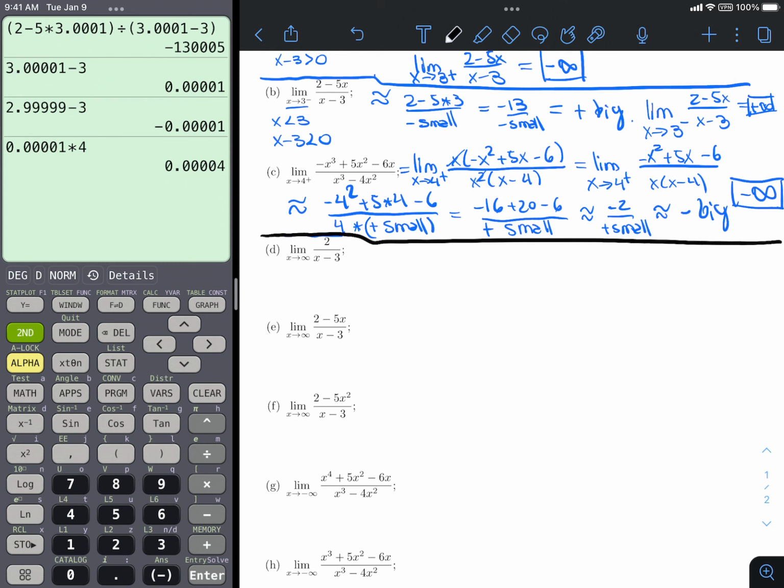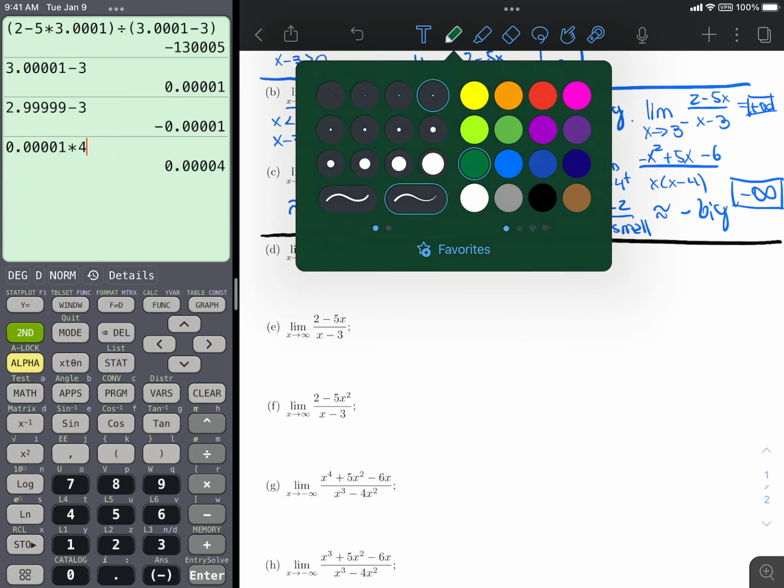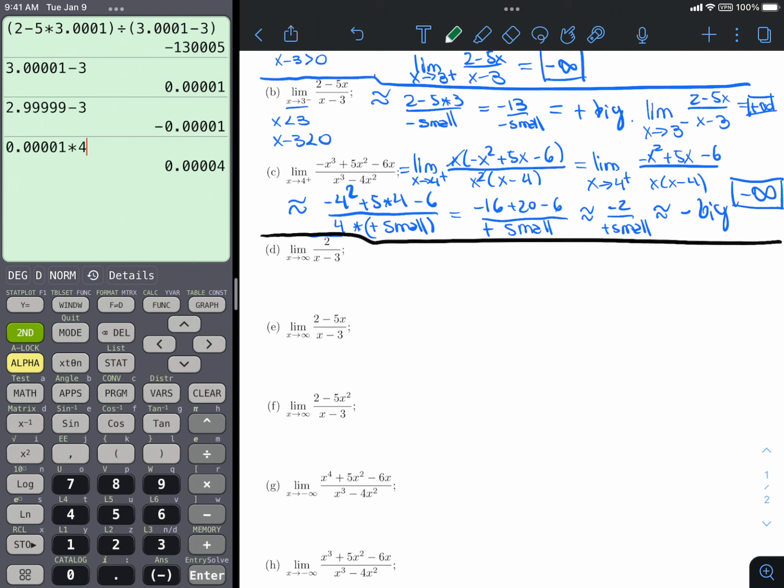Here's what's going to happen for D. Now x is getting big, so x is becoming bigger and bigger with a positive sign. It's going to plus infinity. There's no plus here, but whenever there's no plus, we mean the number is positive. So let me go green on that. So this will be 2 divided by something big minus 3, because x is very big but positive.